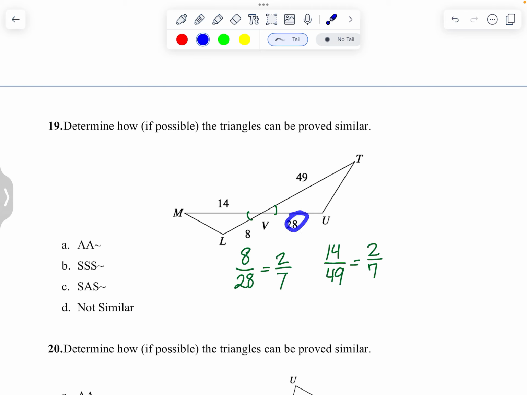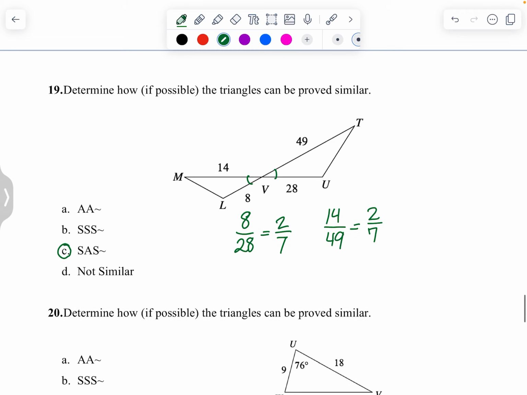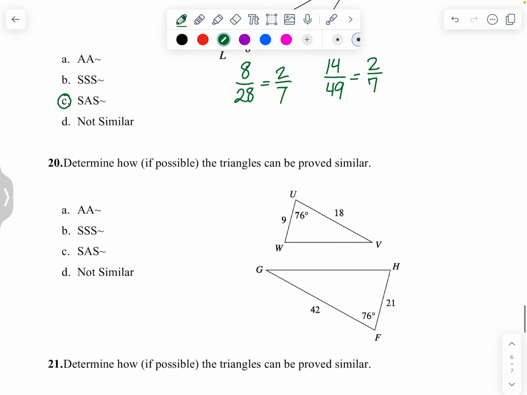All right, we have these sides that are proportional and a pair of angles that are congruent. That's enough information to say yes, the triangles are similar by side angle side similarity.